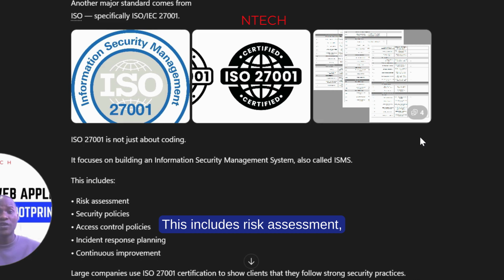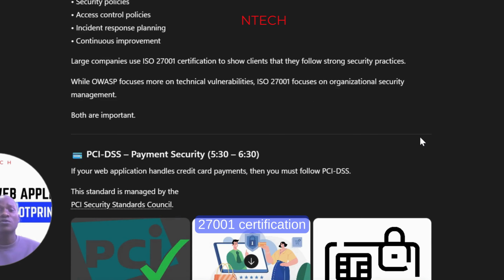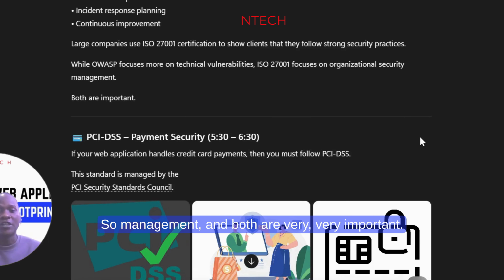This includes risk assessment, security policies, access control policies, incident response planning, and continuous improvement. Large companies use ISO 27001 certification to show clients that they follow strong security practices. While OWASP focuses on technical vulnerabilities, ISO 27001 focuses on organizational security management, and both are very important.